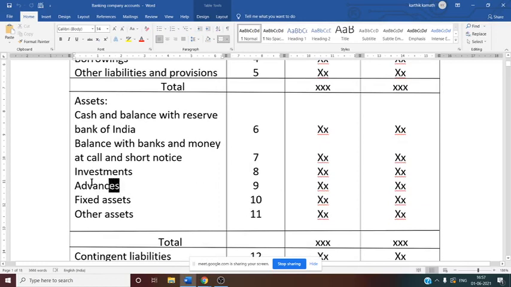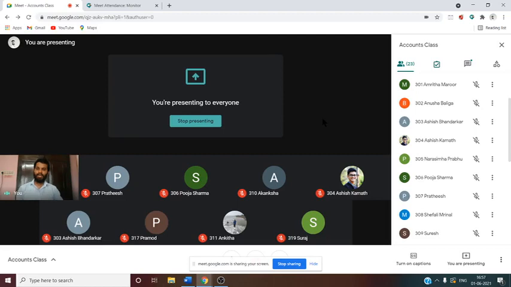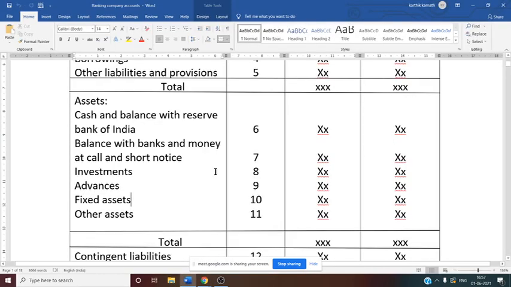Then advances. Now what about advances? Whenever we talk about advances, we have to remember a few things. One is regarding bills. There may be various bills that need to be discounted by the bank. Similarly, the bank needs to handle bills for collection. Suppose any bills are given to the bank, the bank needs to perform the operation as per the instructions given by the other parties.